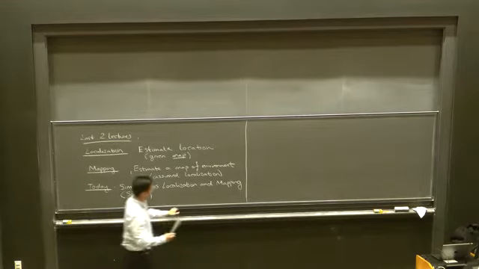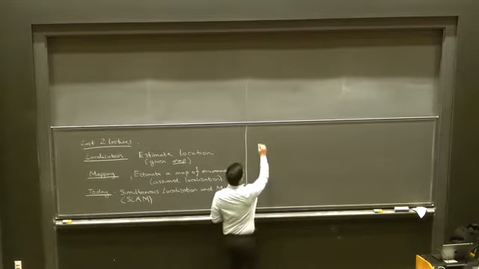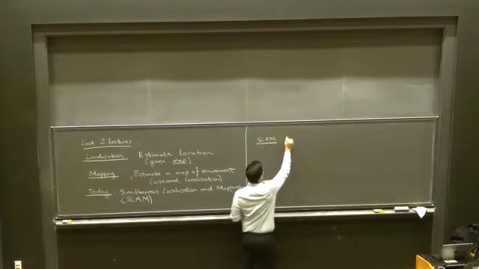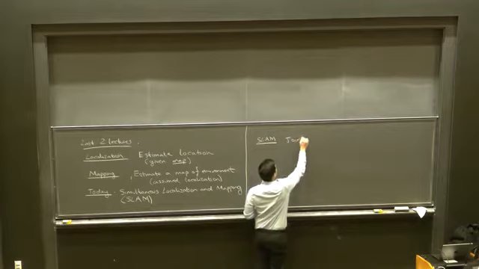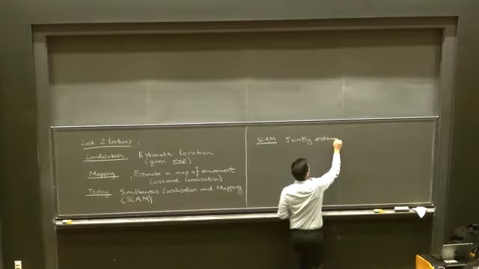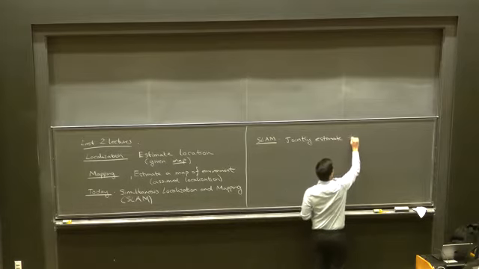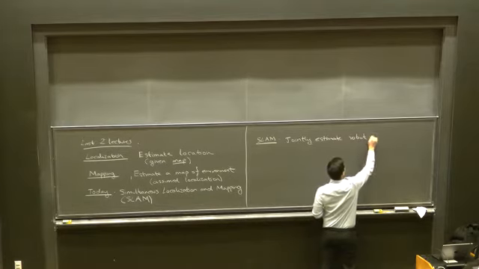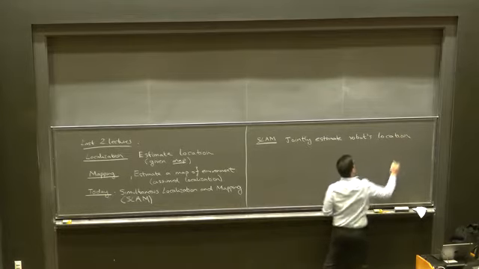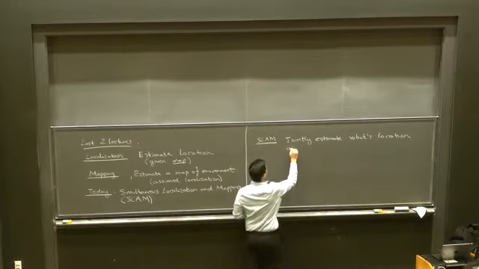Let me just write it here. So the problem of doing SLAM is to jointly estimate the robot's location and a map of the environment.